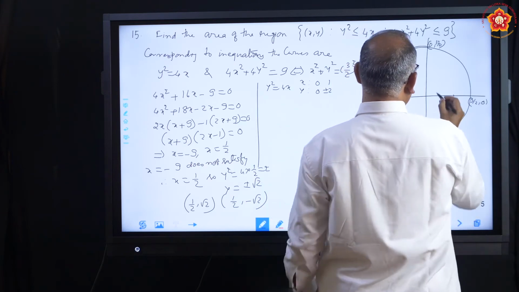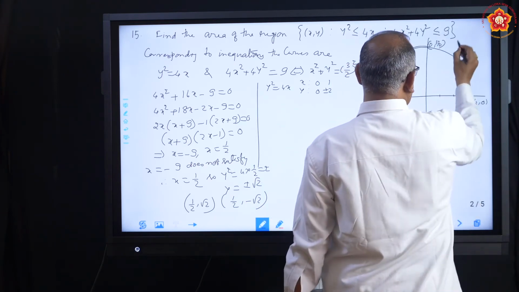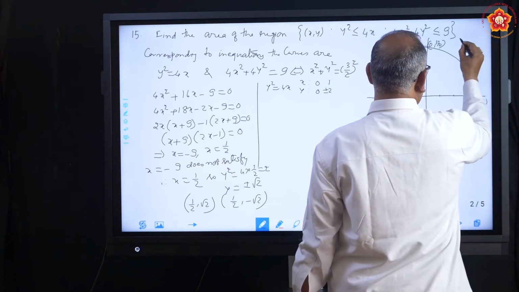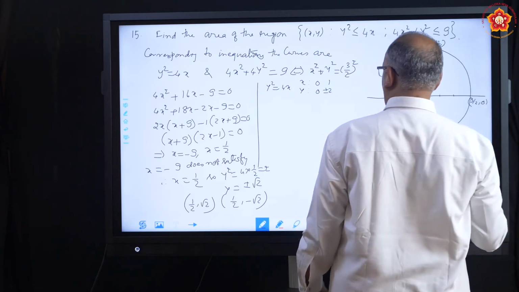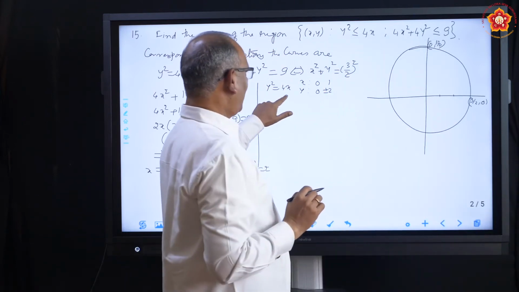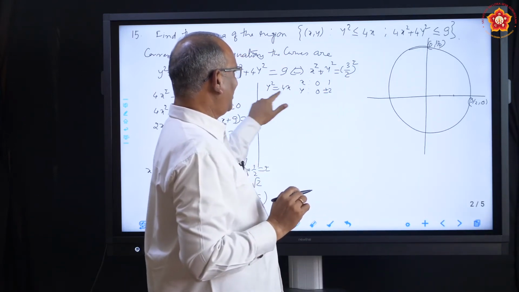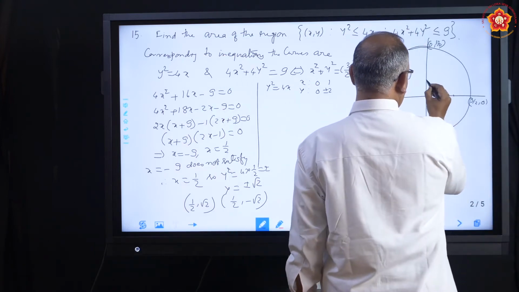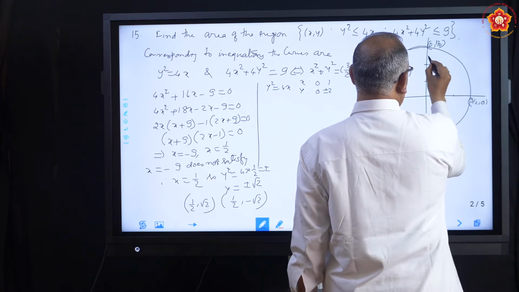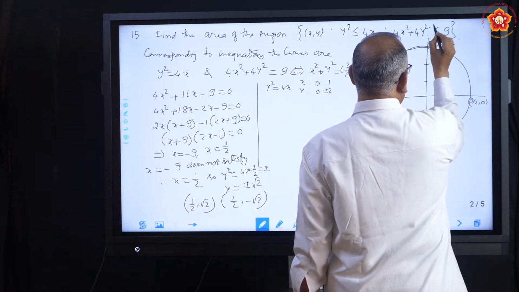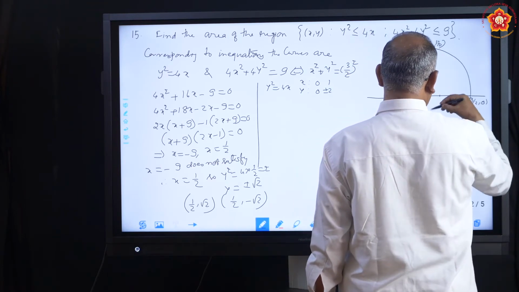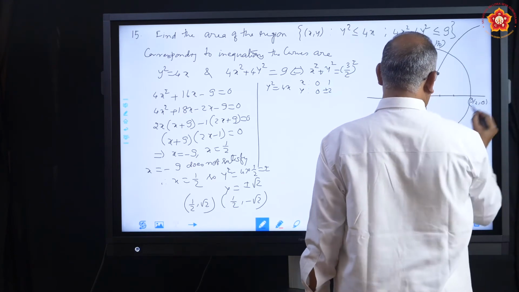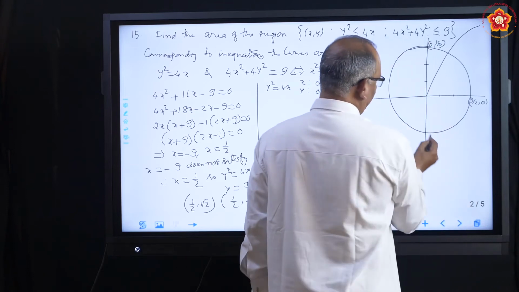The value of y is 2, so it is above. Let us say 2 means somewhere here. y square equal to 4, so y is equal to plus or minus 2. So, this is, let us say, half, 1, 1.5, and somewhere here, so parallel to that, and similarly this side.